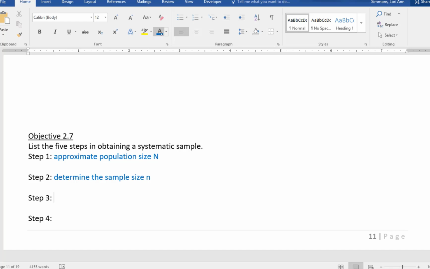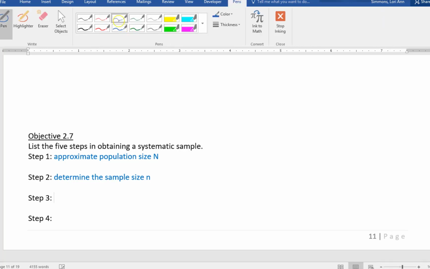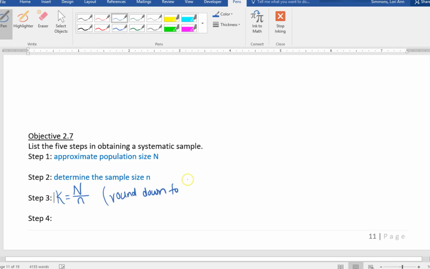Step 3, we have a formula for step 3. K equals N over sample size n, so capital N over lowercase n. Then you're going to round down to the nearest integer.